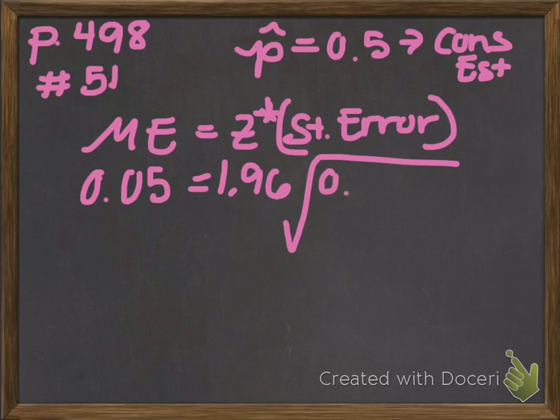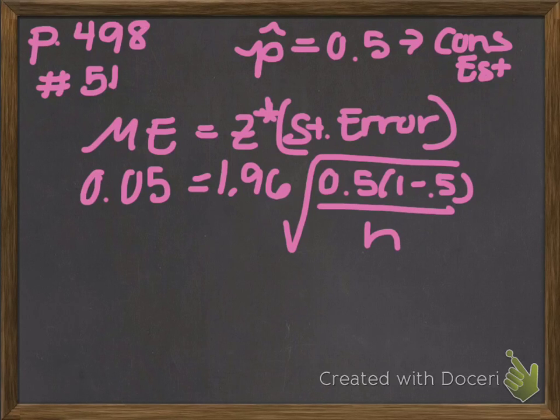We plug in 0.05 equals 1.96 times the square root of 0.5 times 1 minus 0.5 divided by n. We need to use algebra now. Make sure you know how to do your algebra here. First, I want to divide by 1.96.